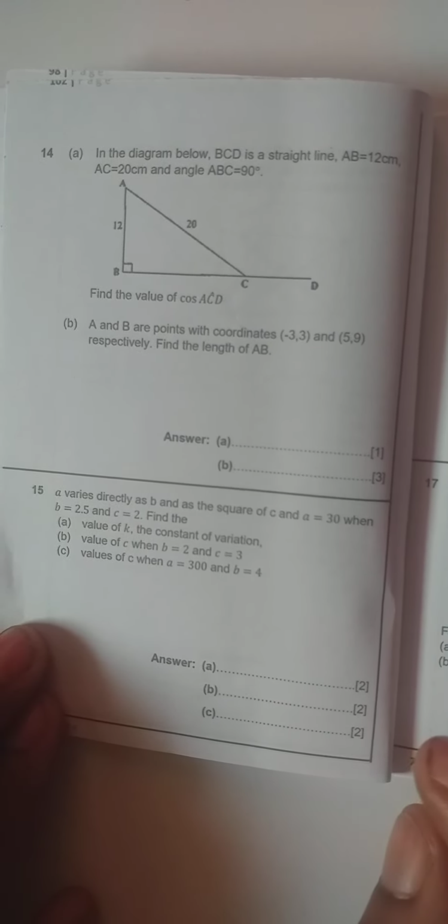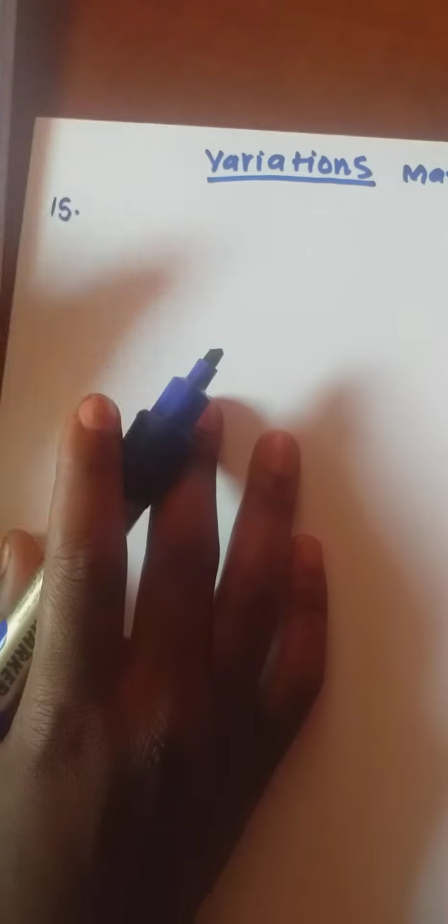So we have our question, it was question 15. They are saying A varies directly as B.